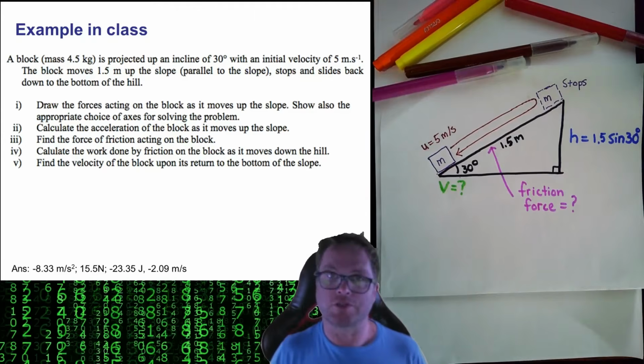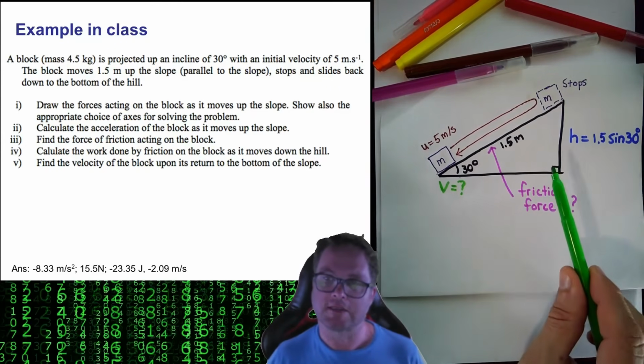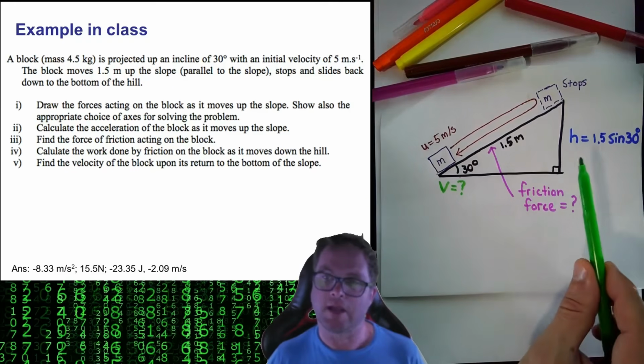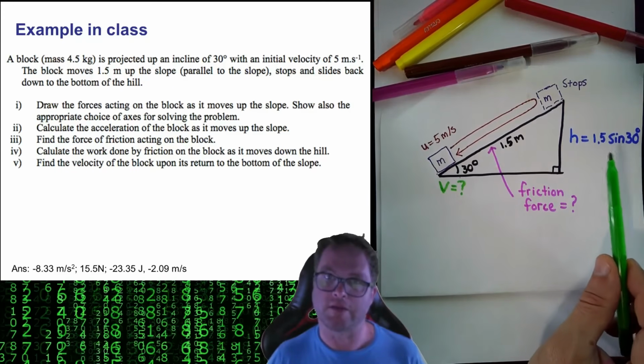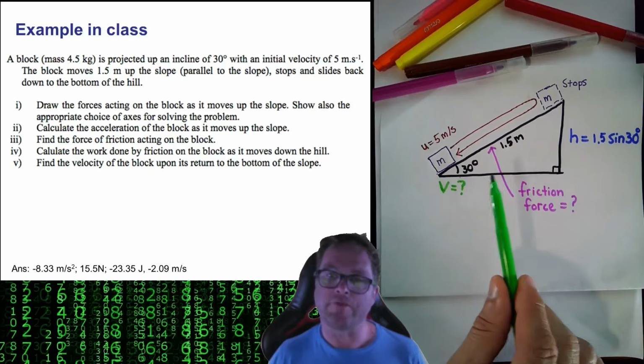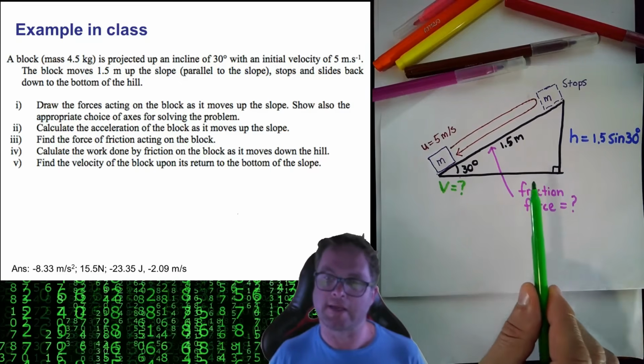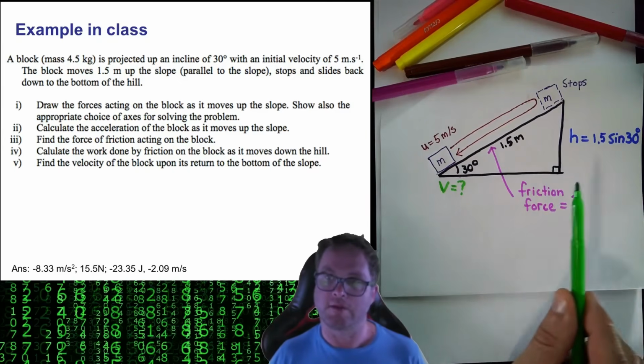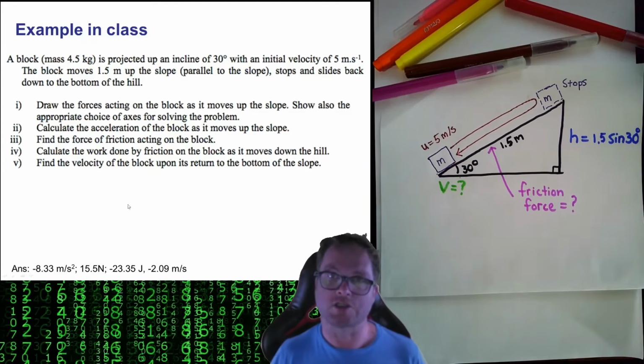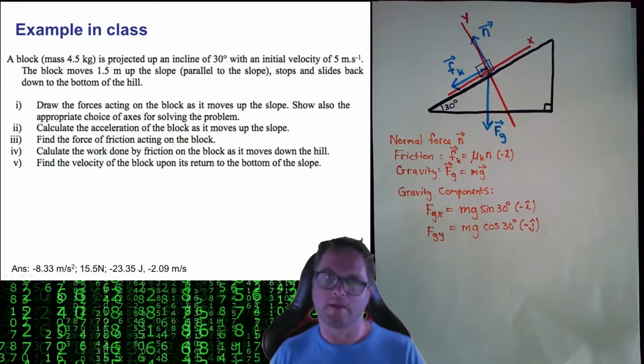From that, we're able to use the geometry of the situation to calculate the height. So the height of the slope, we can simply calculate using sine. And if we also needed to, we could calculate the length along the bottom using a similar cos relation. Let's take a look at the first part of the question as well as the solution thereof.